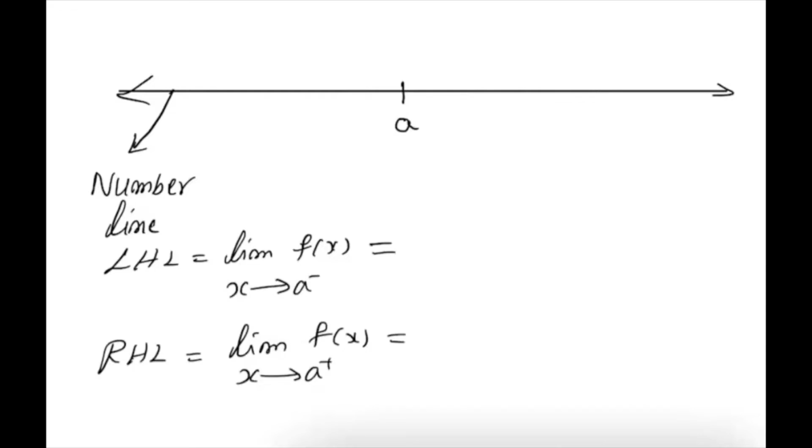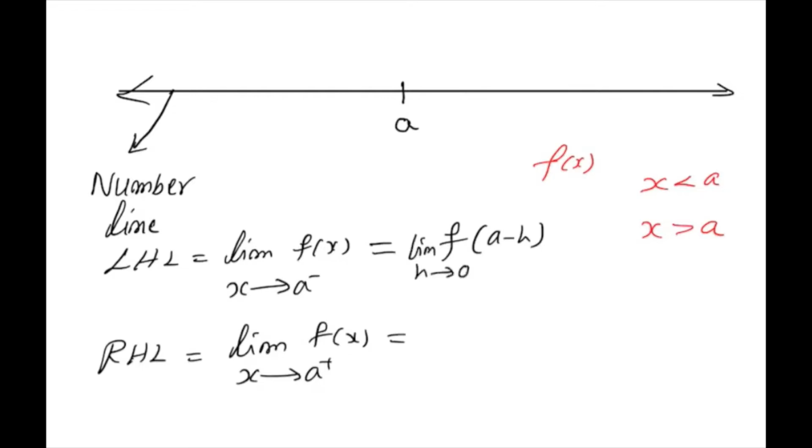In certain problems, f of x will not be defined separately for x less than a and x greater than a. In such problems, to find the left-hand limit, replace x by a minus h and take limit as h tends to 0.